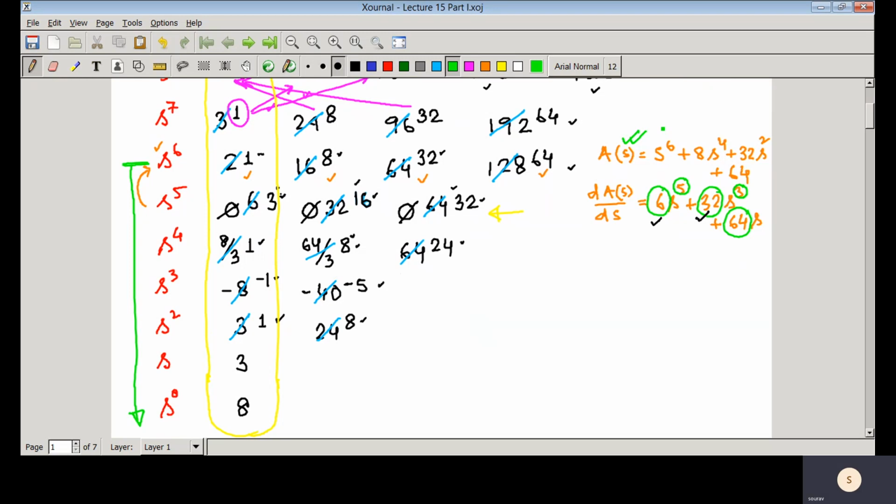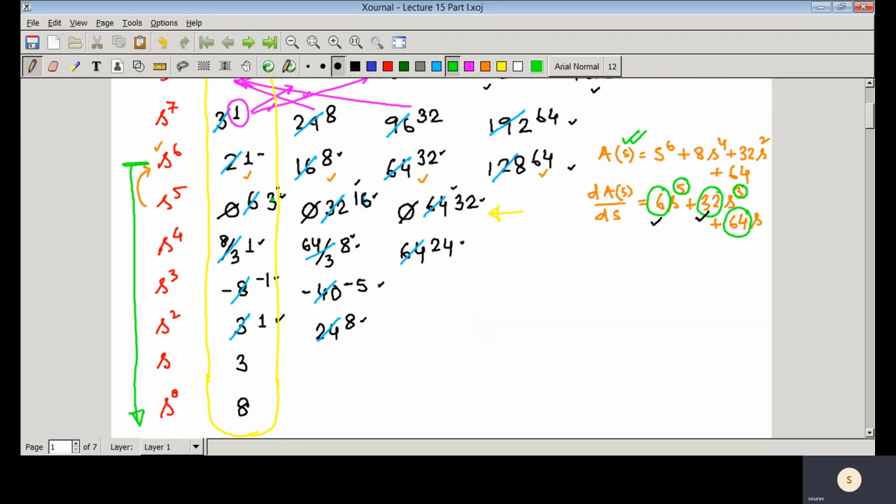And in the last lecture we discussed that an even polynomial has roots symmetric with respect to the origin.